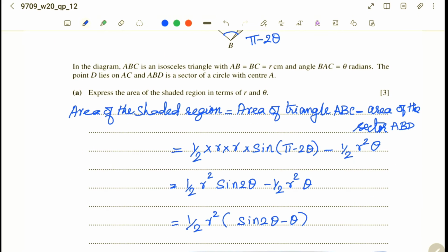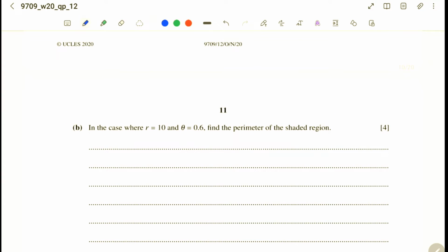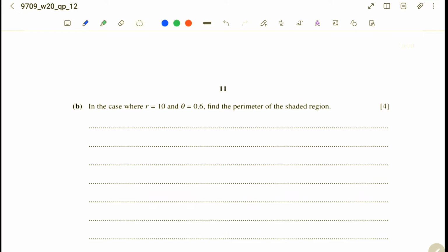So the arc length BD is r theta. Theta is 0.6 and r is 10. So the arc length is 6 centimeters.